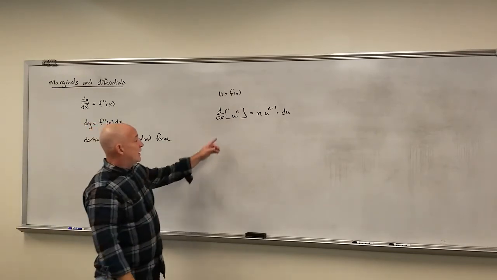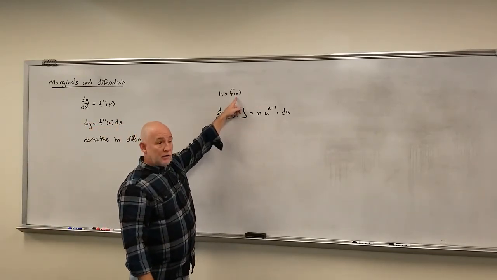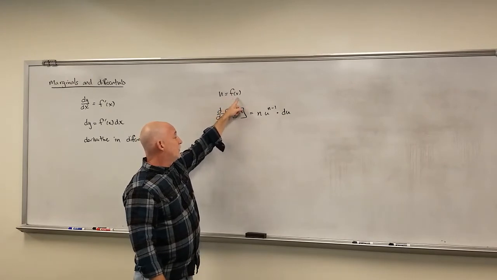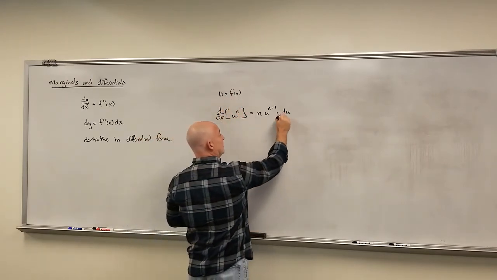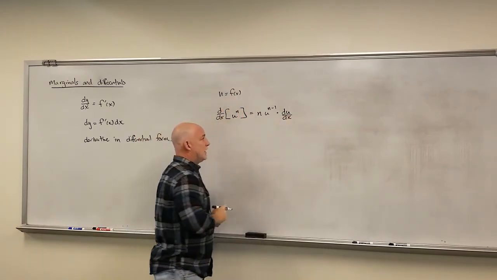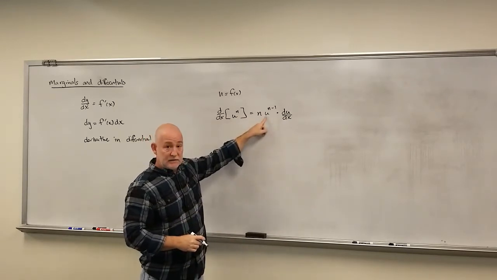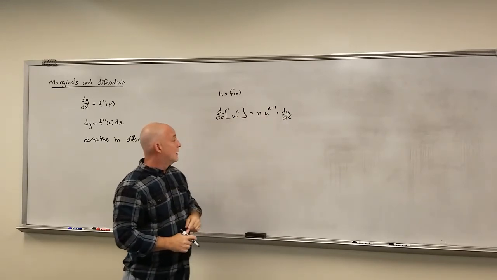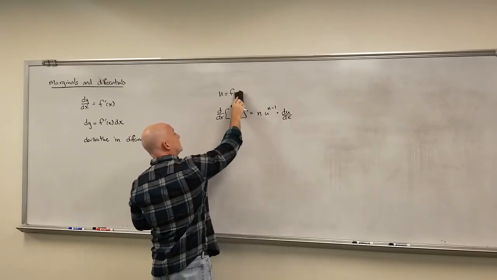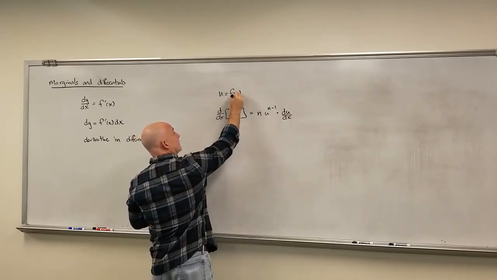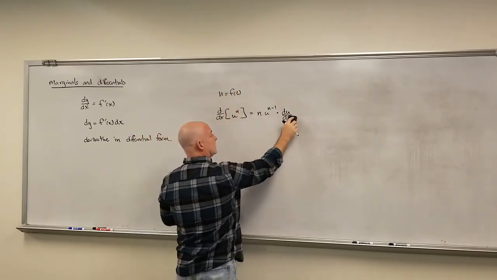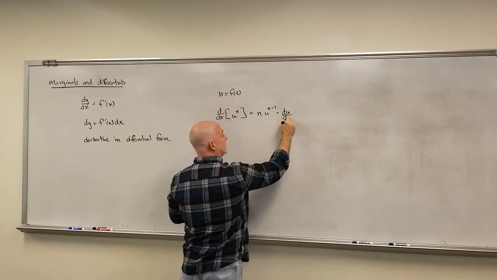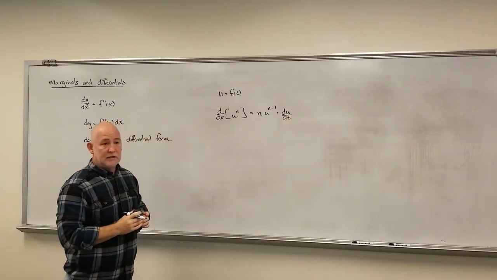Now, in this case, since we're using our chain rule, if u was a function of x, this would actually be du dx, right? Because I have to take the derivative of the inside with respect to x. However, if u is a function of t, then that would be du dt.